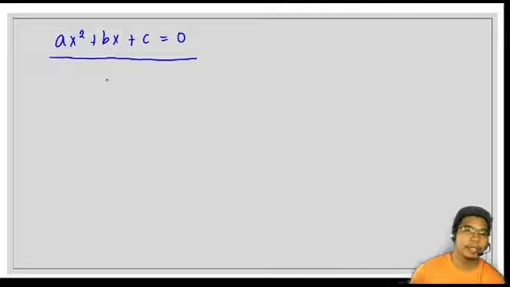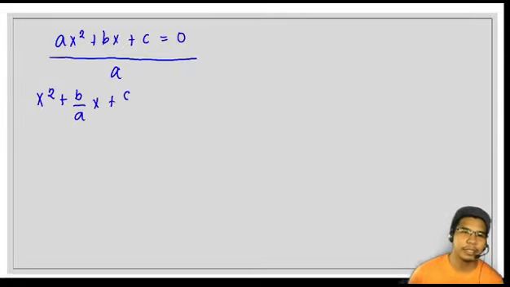So, ang numerical coefficient kasi natin dito ng quadratic term ay a. So, divide natin yung whole equation by a. So, ang matitira ay x squared plus b over a x plus c over a equal to 0.